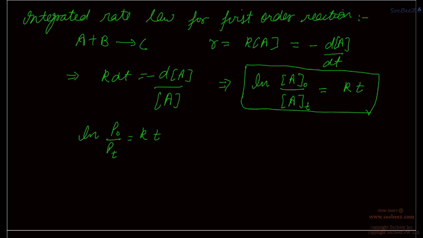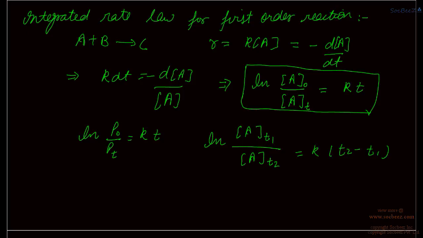Then this law can also be written as ln of concentration of A at T1 upon concentration of A at T2 equals K into T2 minus T1. We have done nothing here. We have just equated the ln A naught terms for both of these conditions.